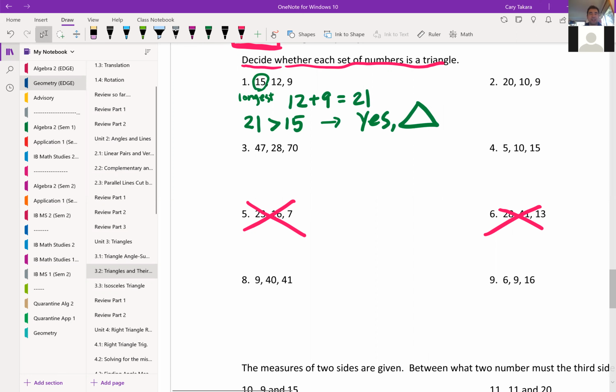Yes, you can form a triangle. Okay? That's what you do. That's how you decide it.